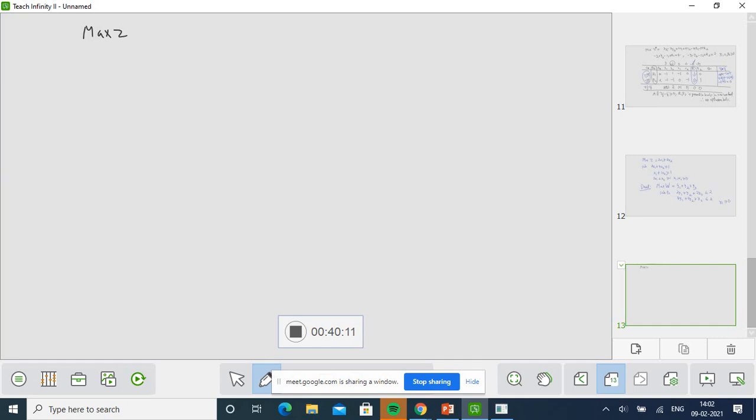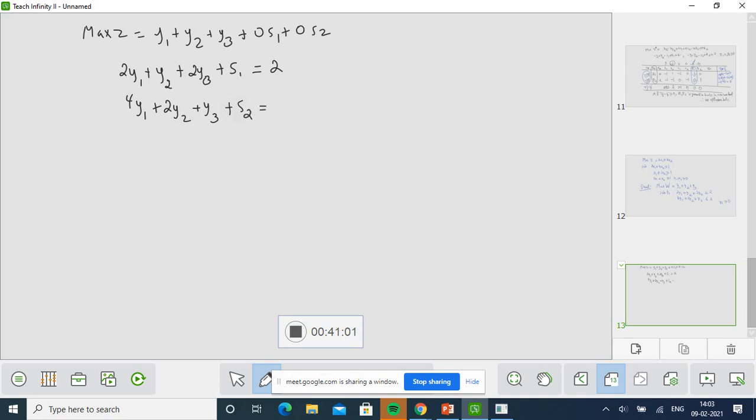I will have maximize z is equal to y1 plus y2 plus y3 plus 0s1 plus 0s2, subject to 2y1 plus y2 plus 2y3 plus s1 equal to 2, then 4y1 plus 2y2 plus y3 plus s2, this is also equal to 2.